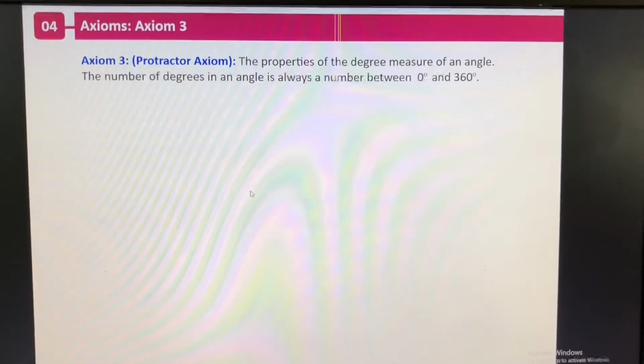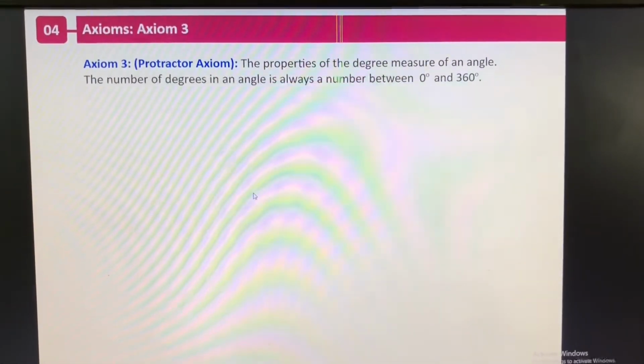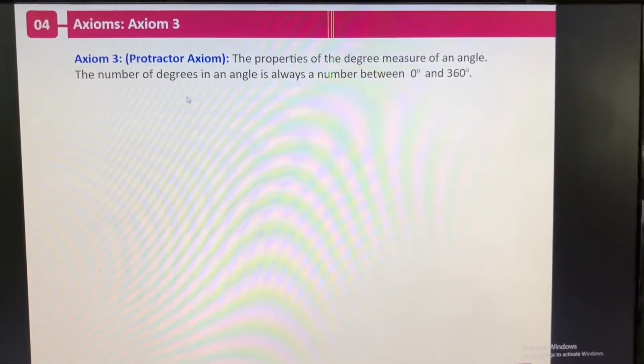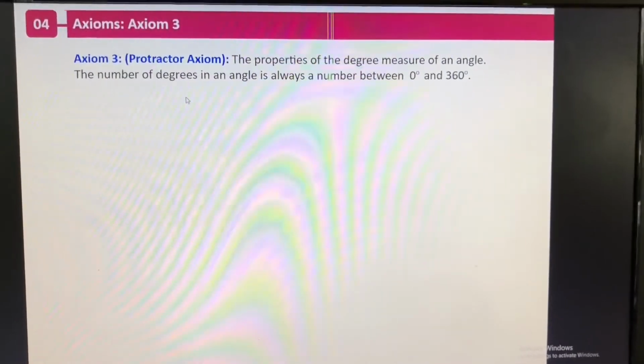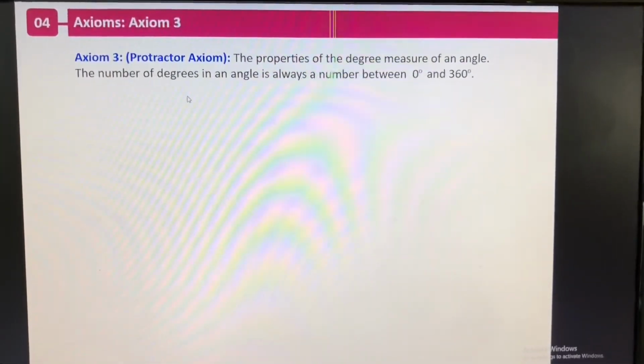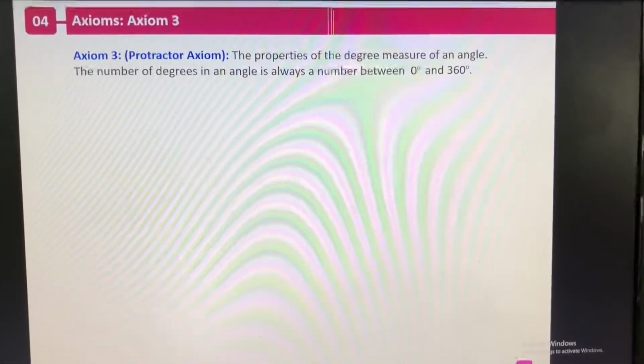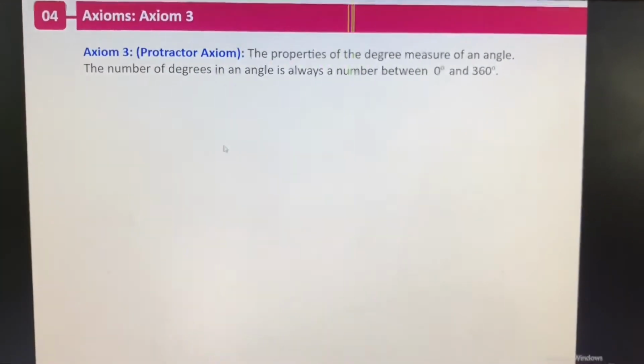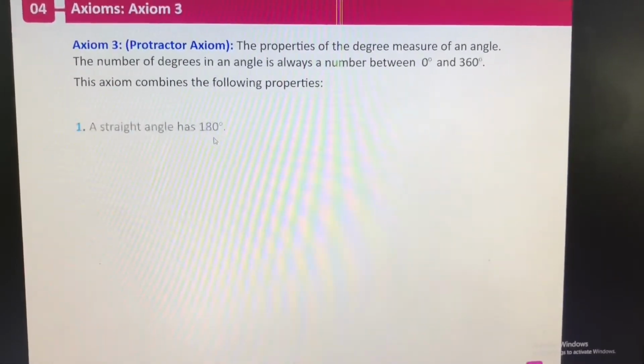Moving on to axiom 3, well, you actually learnt how to do this in our last lesson. Axiom 3 is the protractor axiom, which simply states that we can measure angles with degrees and that the angle will always be between 0 and 360 degrees. So let's have a look.